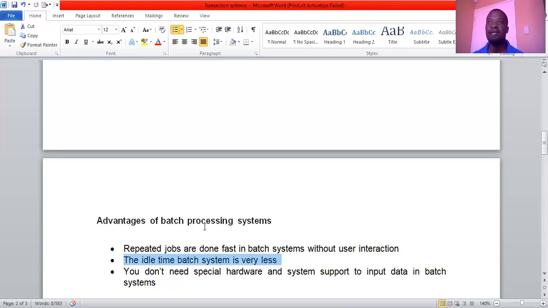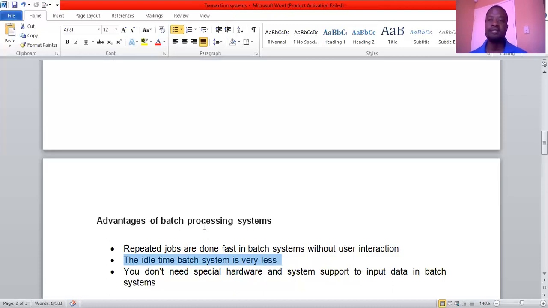It's not doing anything, it's not processing data during that period. A lot of resources will be saved while the system is idle. As we said earlier, it conserves resources. So this is also one good thing about the batch processing system.